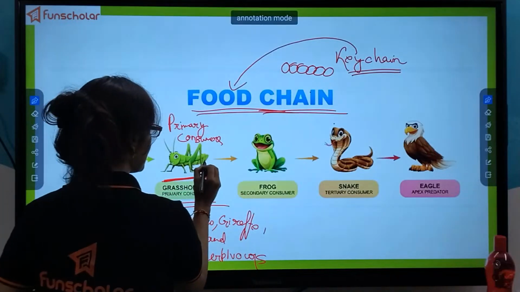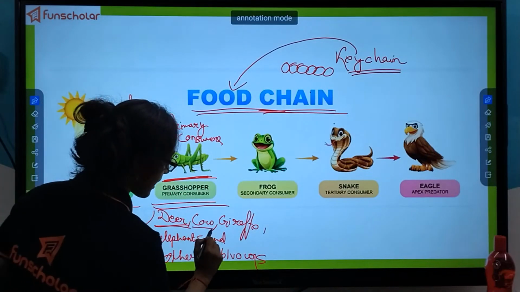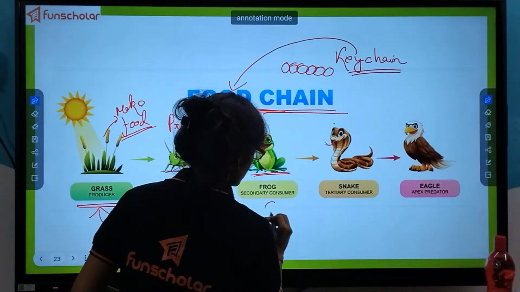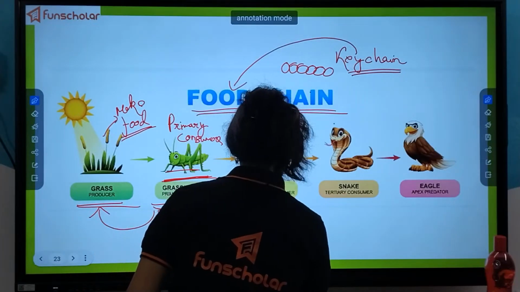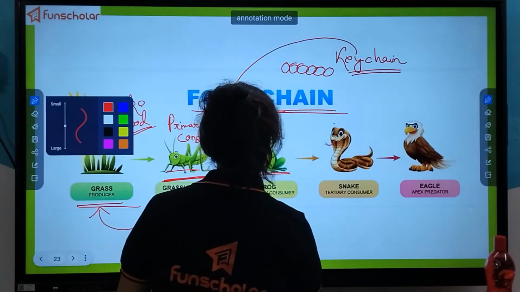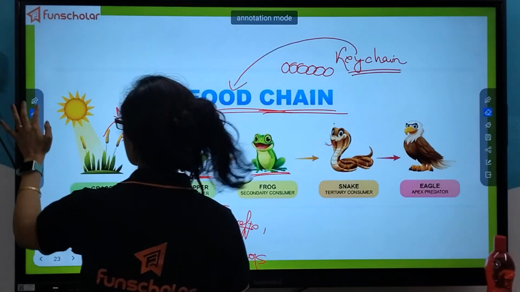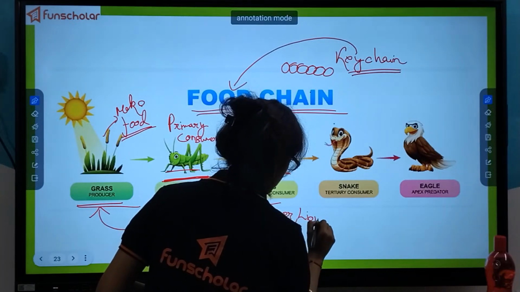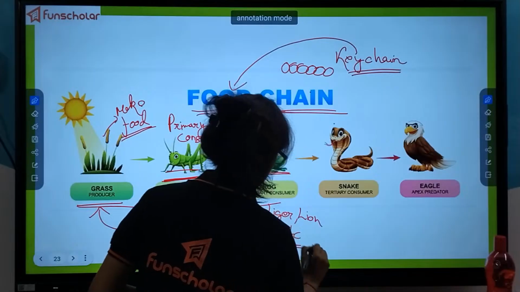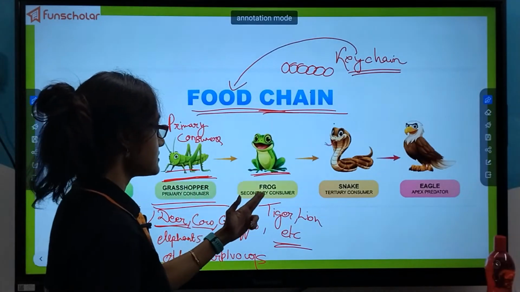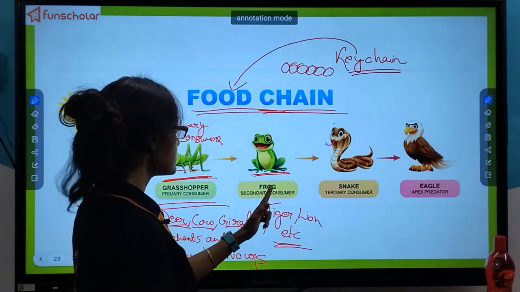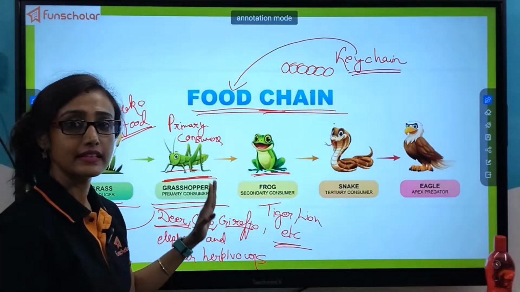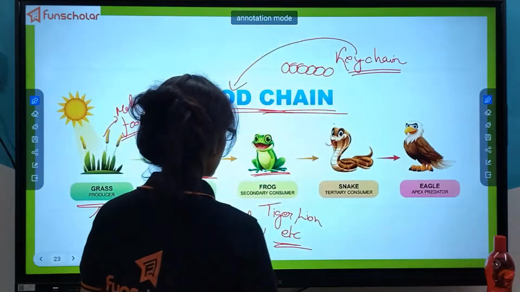That means the flesh of deer, cow, giraffe, grasshopper is being eaten by frog or tiger, lion, etc. They are known as secondary consumers because they do not eat the plants directly but feed on some animals that are herbivores. Okay?